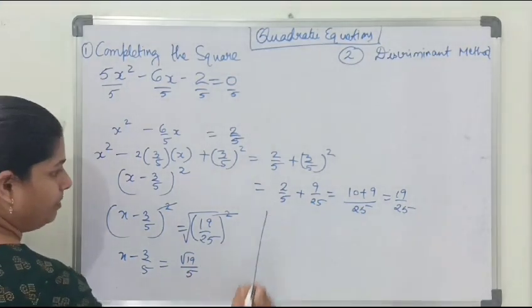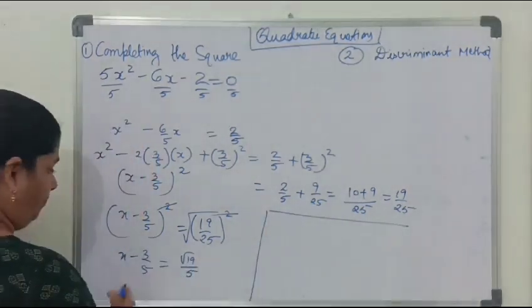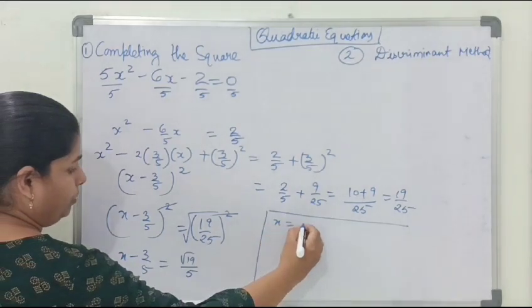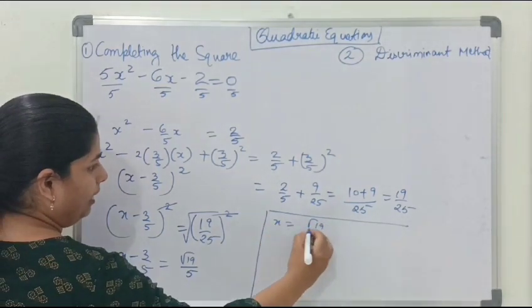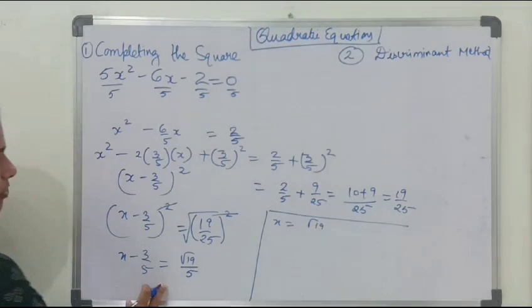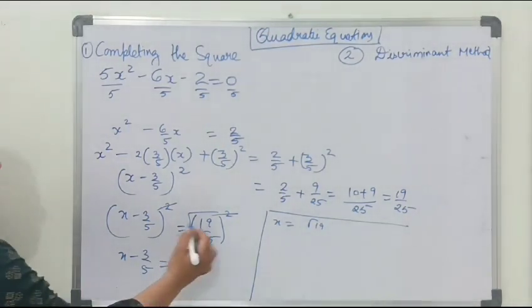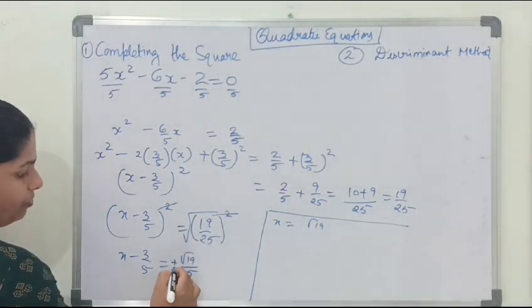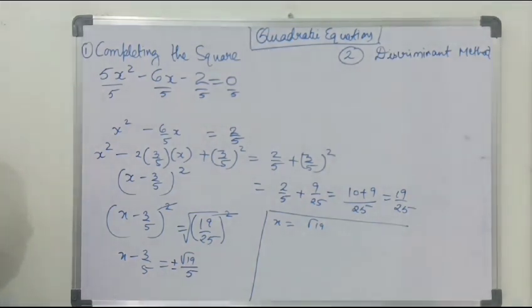Now, I will be solving for x. x is equal to 3 by 5 plus or minus under root 19 by 5. Now, here I need to tell you something. Whenever I take square root, I have to use plus and minus, because we don't know whether the square is of positive root 19 by 5 or of minus root 19 by 5.